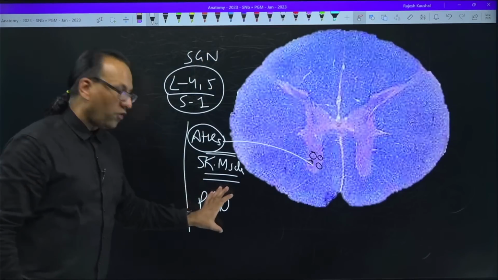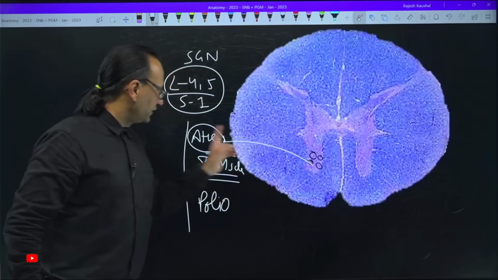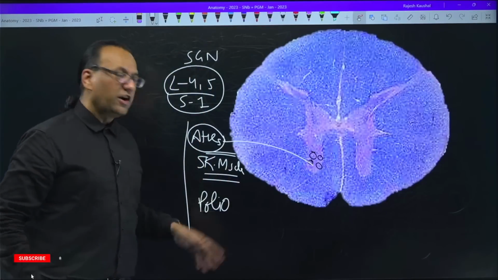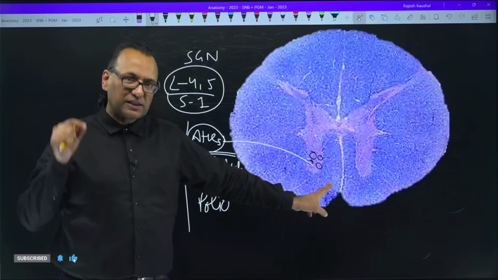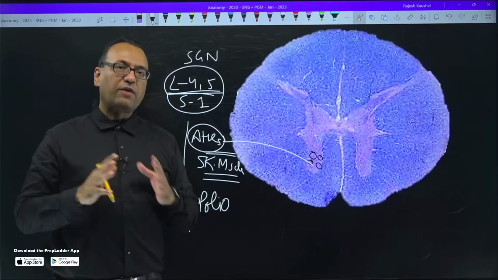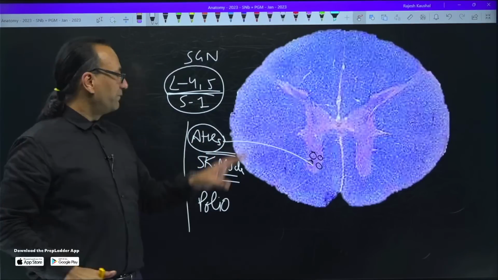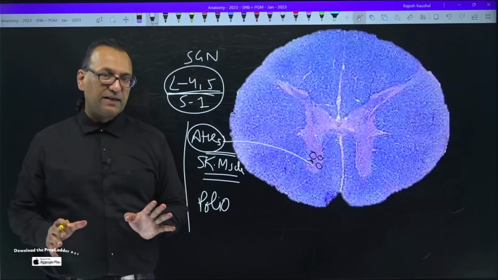So there is a poliovirus affecting anterior horn cells which control skeletal muscles, at the spinal cord level L4, L5, S1, the lumbosacral region, root value of superior gluteal nerve, have been compromised.